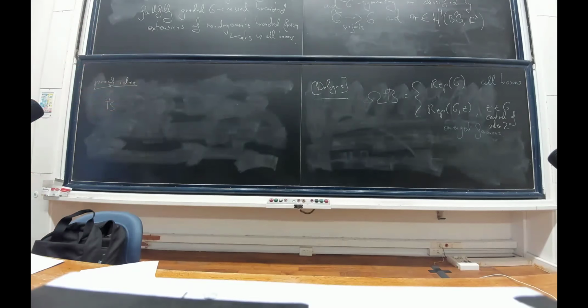If you follow this philosophy, what you want to do is condense out all the lines, and then you get something you can understand. It turns out this isn't exactly what we're going to do, but there's a more roundabout way of doing it that is mathematically easier to implement, because I don't want to have to think about what it means to gauge all the lines in some G-crossed thing. That seems difficult.